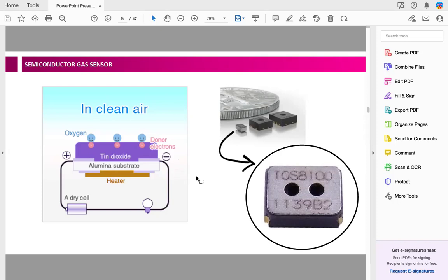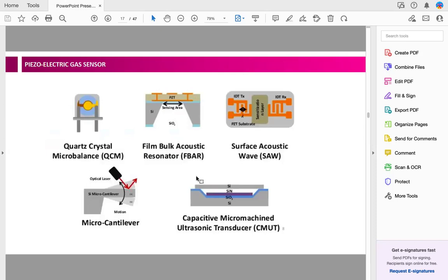If you need to know more, please do listen to the recorded lecture by Dr. Amar. All right, so this is piezoelectric. Piezoelectric is based on a certain material called QCM, quartz crystal microbalance.